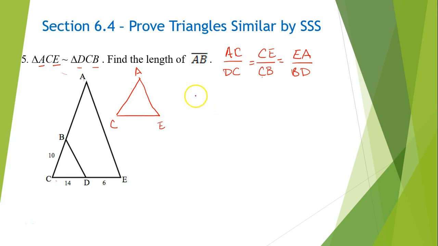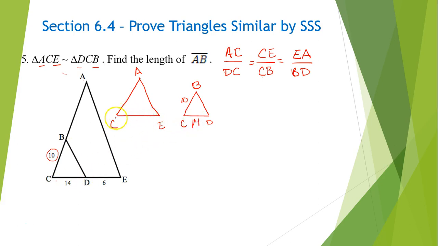And then let's do the other small triangle, which is CDB. All right, and let's label these triangles. So AC, we don't have. BC we do. That's 10. And then CD we have is 14.